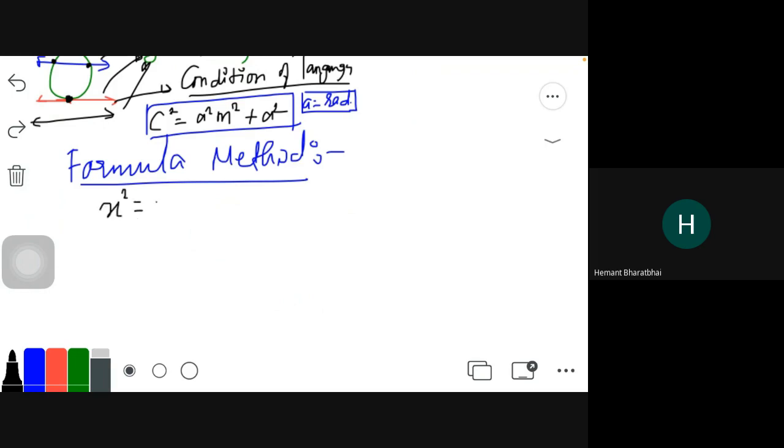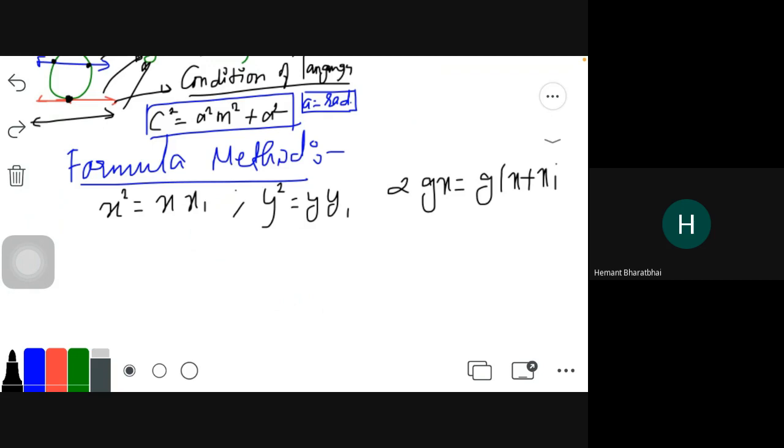Wherever there is an x square term, replace it by xx1, replace y square by yy1. Then wherever there is 2gx, replace it with g into x plus x1. We have seen the general equation of the circle, right? x square plus y square plus 2gx plus 2fy plus c.